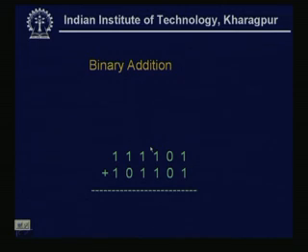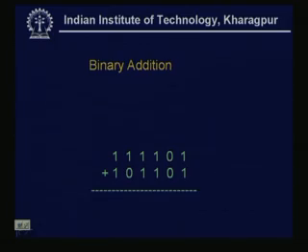Now, we see another 3 basic operations in the binary system, because from our discussion so far, mainly in computers or digital systems we will be using the binary number system. In binary we have only 2 values, 0 and 1, because the base is 2.